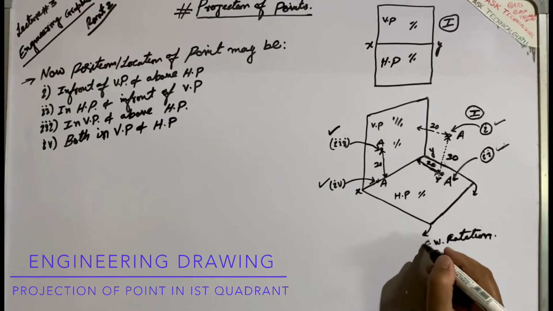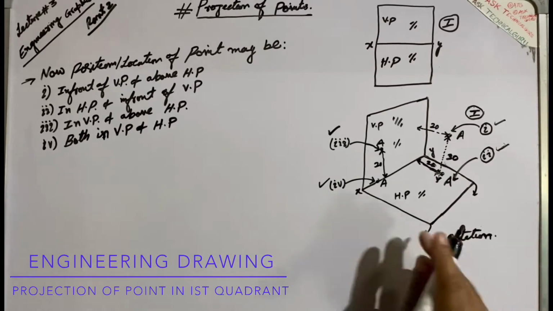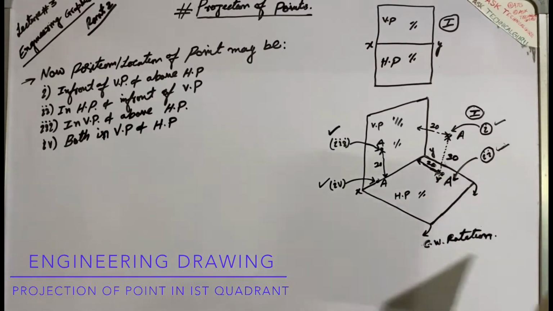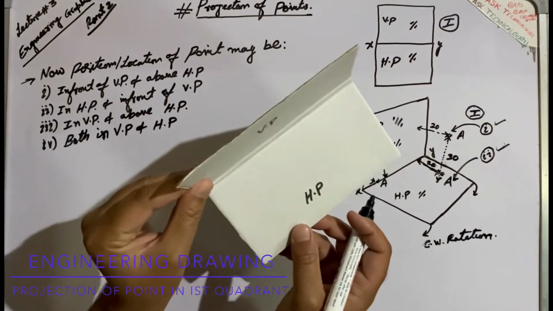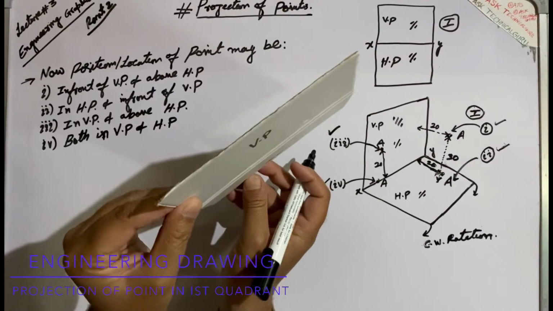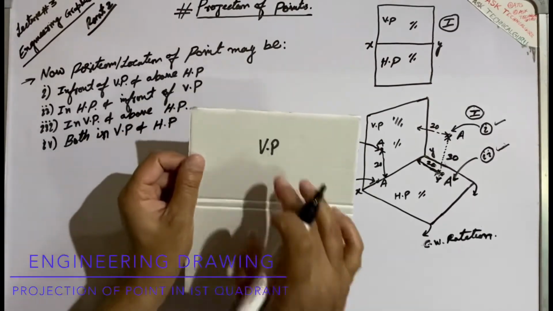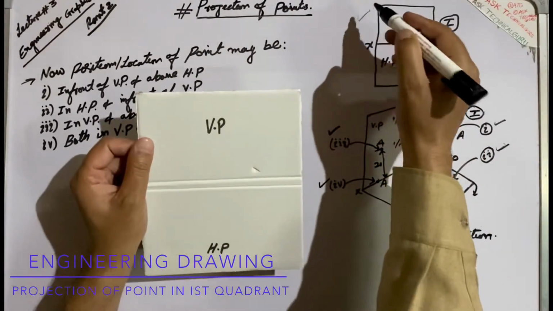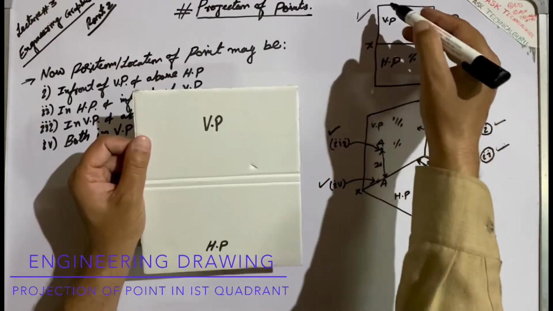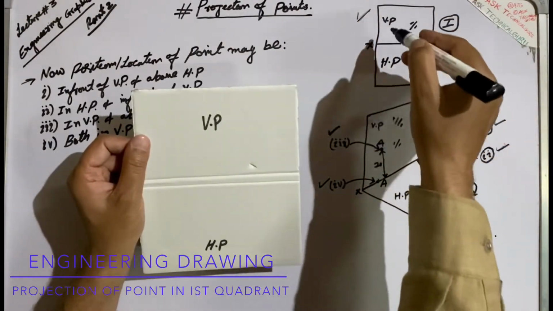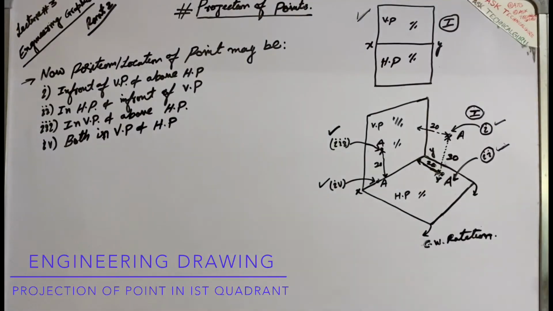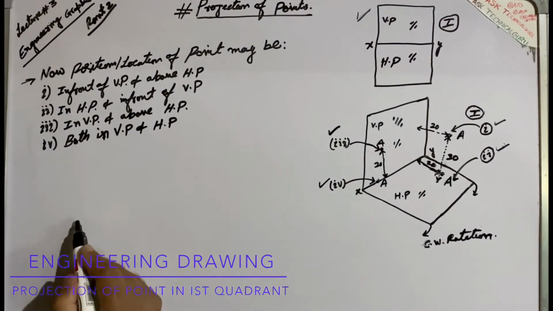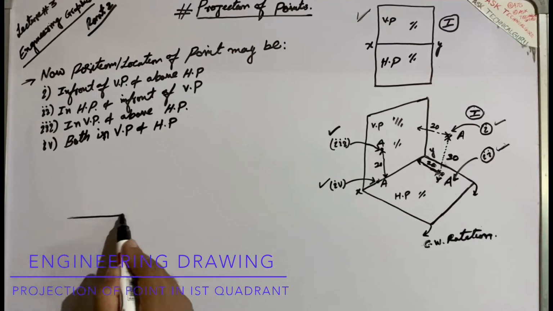As I told you, we are going by clockwise direction, opening these planes, horizontal plane and vertical plane. The vertical plane stays as it is, but the horizontal plane is rotated like this, so it becomes 2D like this. I have already drawn the two-dimensional view of the vertical plane and horizontal plane. So in orthographic projection, we simply draw the XY line.